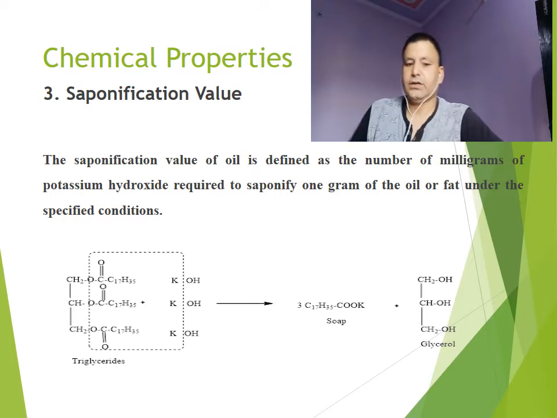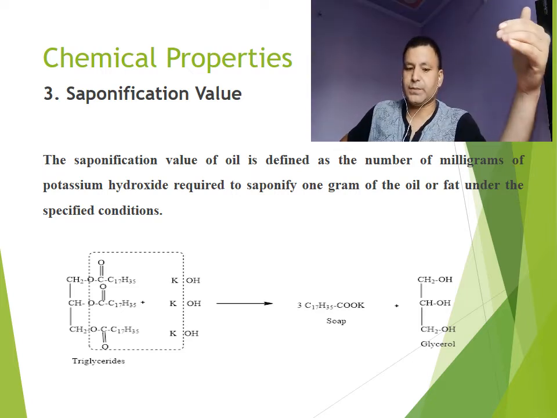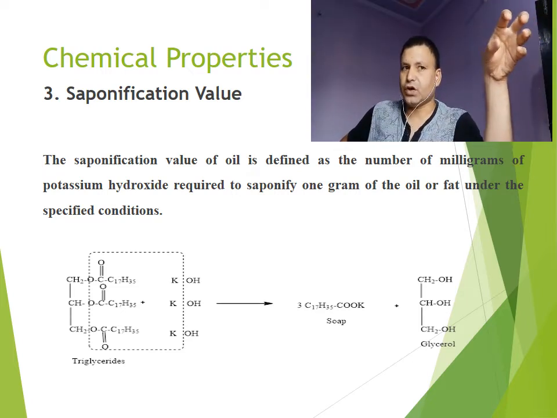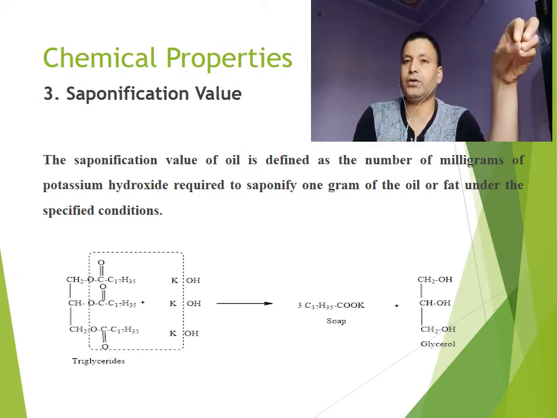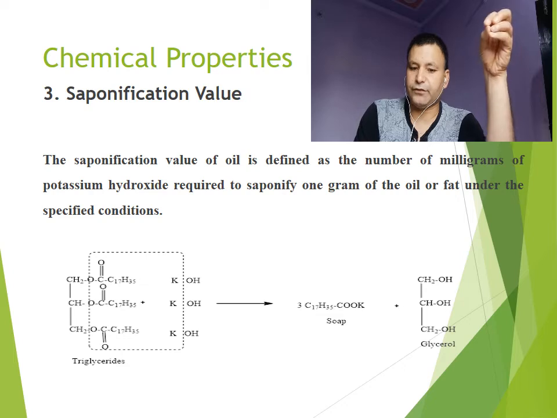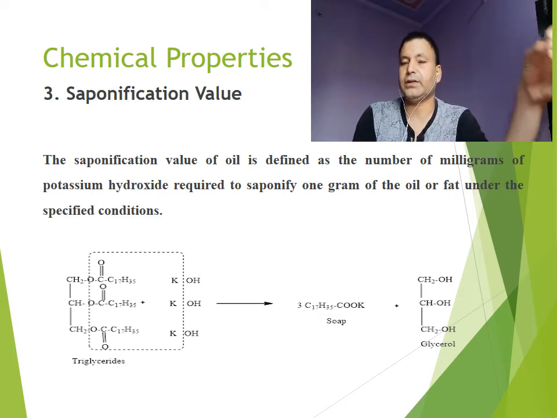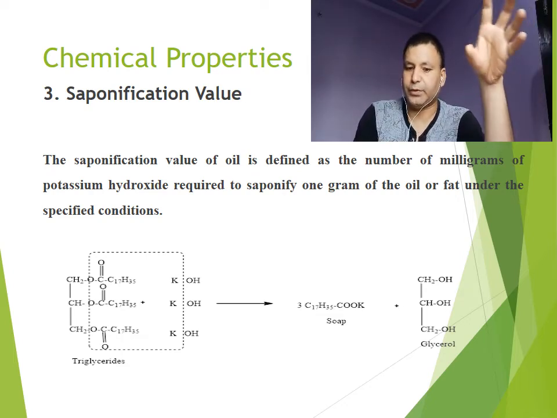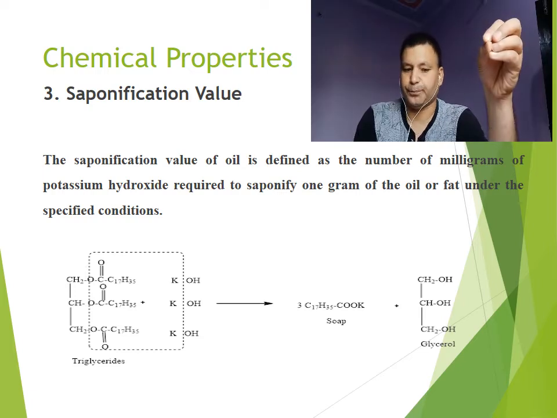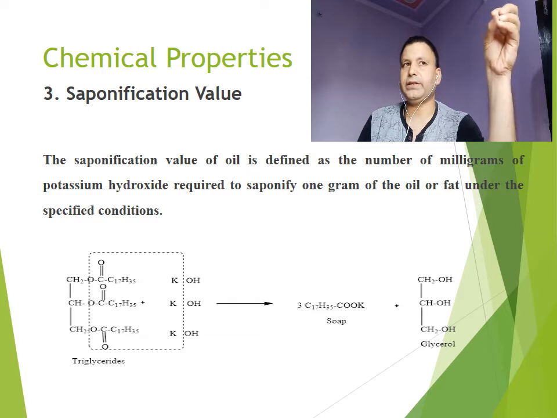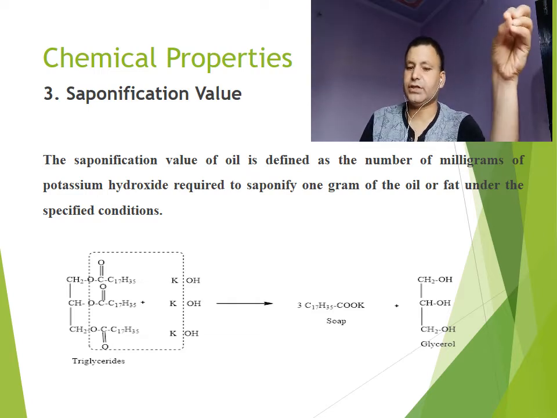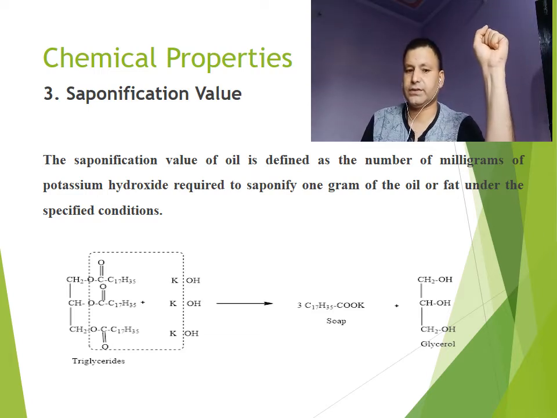Suppose the maximum amount of soap is present, it means the maximum amount of alkali was required by the triglycerides to saponify, for conversion to soap. And this saponification value also indicates the average length of the carbon chain of the fatty acid components.